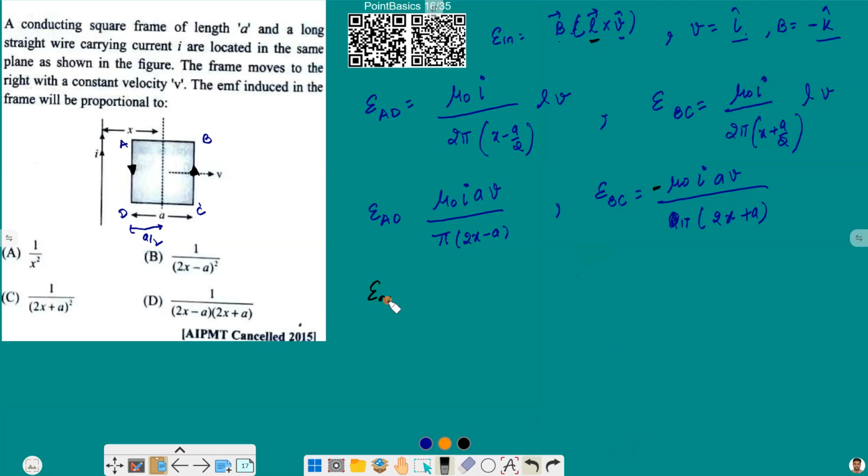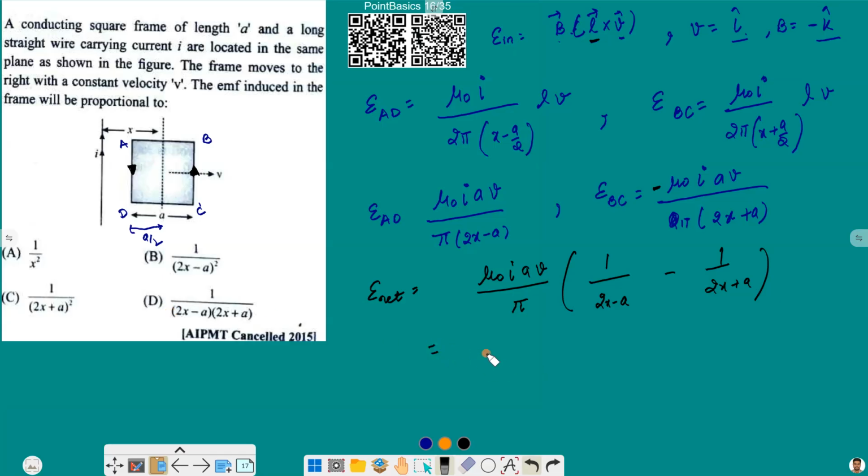So our net induced EMF will be the EMF induced in this arm minus the EMF induced in this arm. Subtracting these two, we get mu node I a v by pi, taking 1 by 2x minus a minus 1 by 2x plus a as common. It does not matter which you take as positive, the answer will be the same, because we have to find only the proportionality.